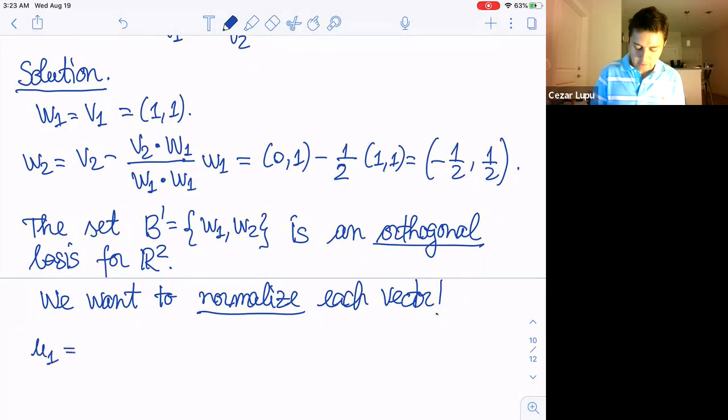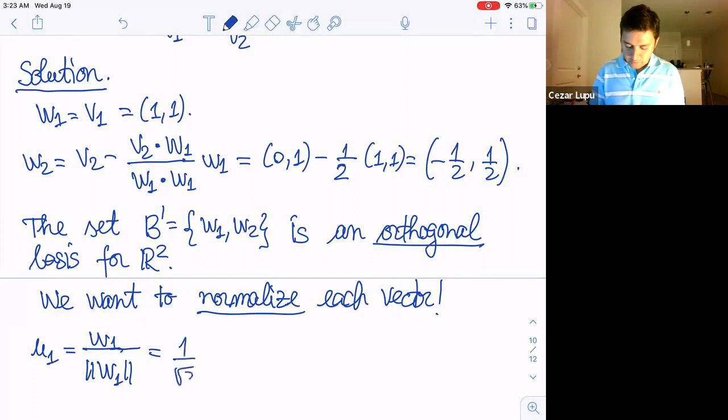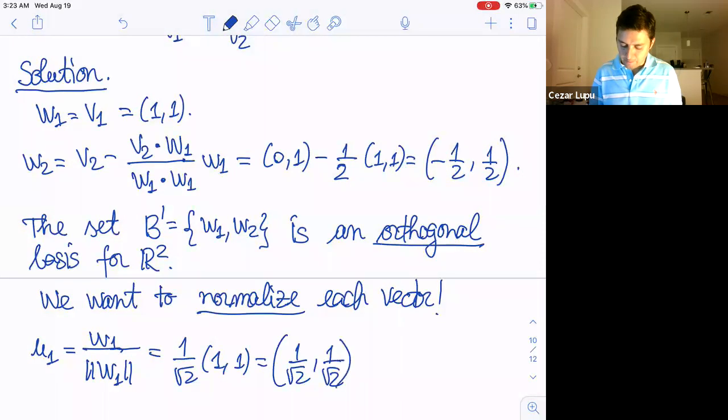We consider U1, which will be W1 divided by the length of W1, and this will be 1 over square root of 2 times 1, 1, which is 1 over square root of 2 and 1 over square root of 2.